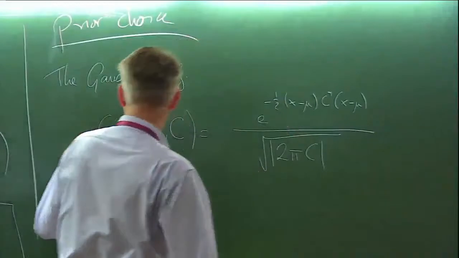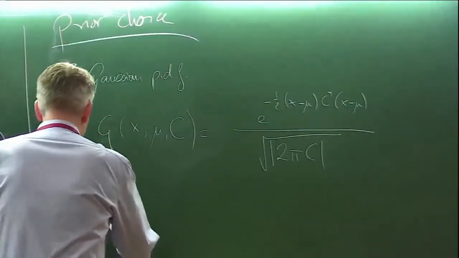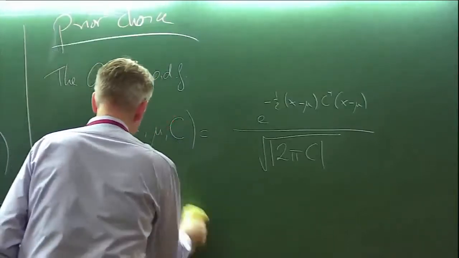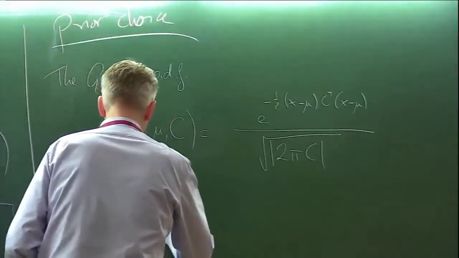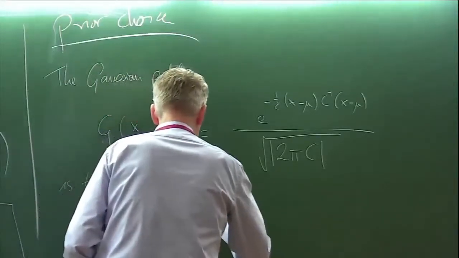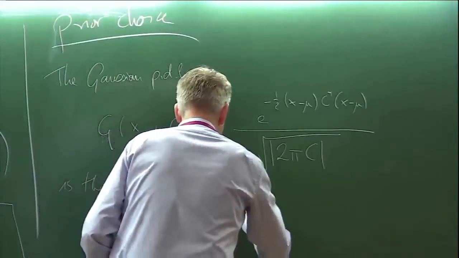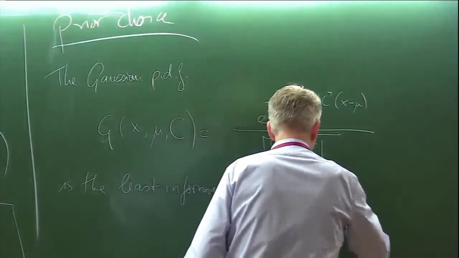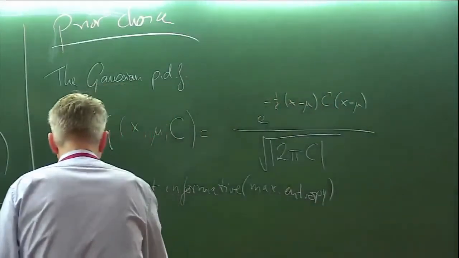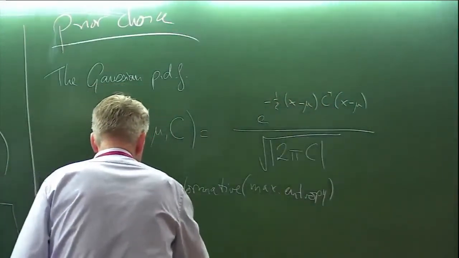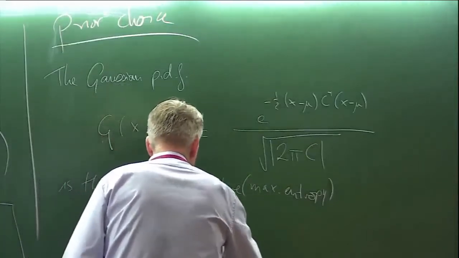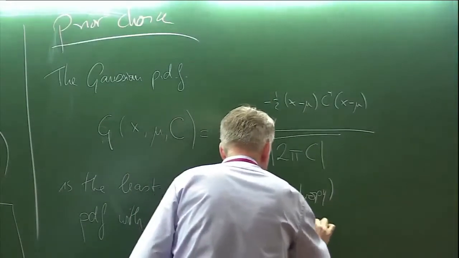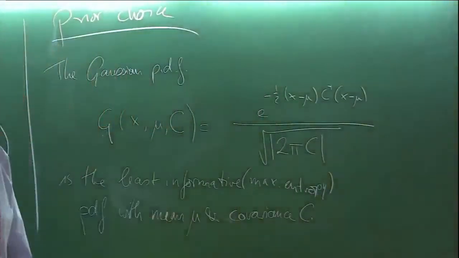Okay, so this Gaussian PDF is the least informative, or maximum entropy, PDF with mean mu and covariance C. Okay, for 1D, it's just the variance.